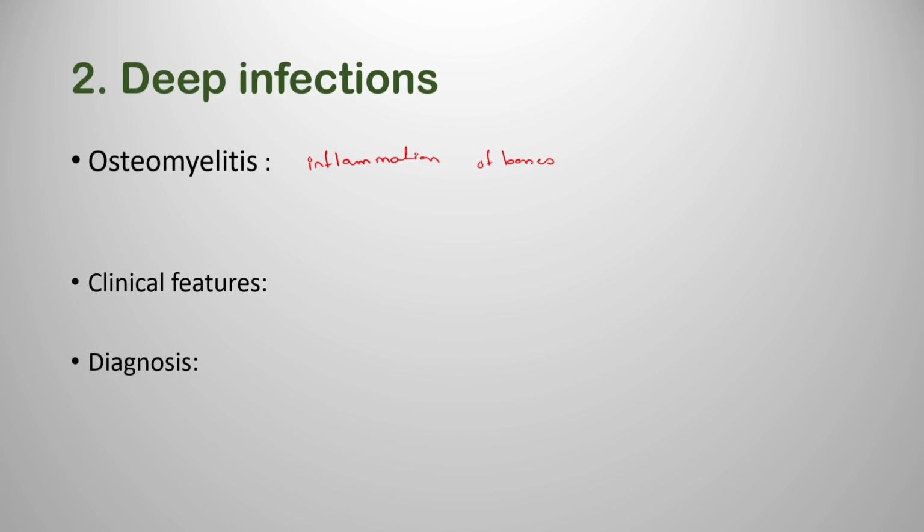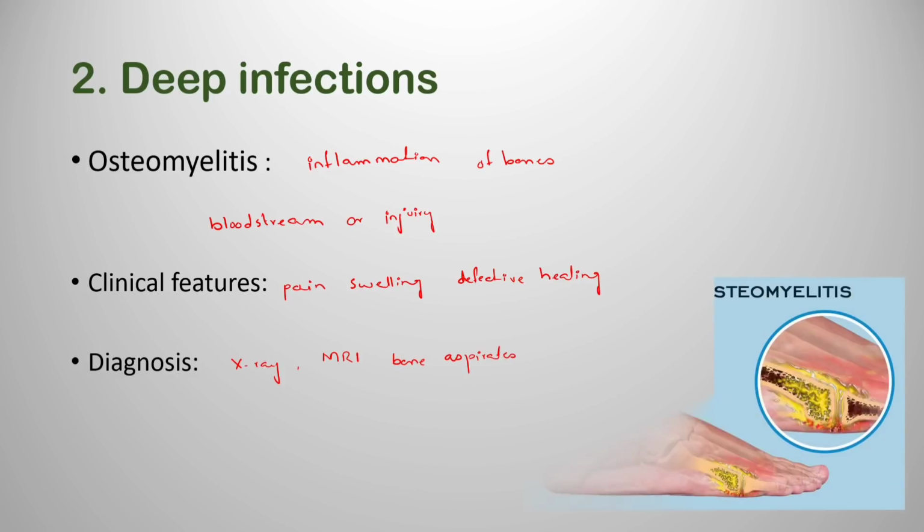Bacteria, which is Staphylococcus aureus, can get to the bone through the bloodstream or any other injury or wound. Its clinical features include pain, swelling, defective healing, etc. And its diagnosis includes X-ray, MRI, and bone aspirates. Here is the picture of this infection.